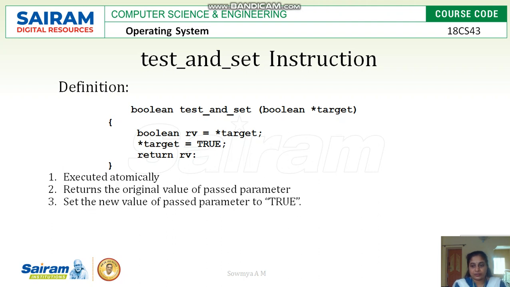This boolean function executes atomically and returns the original value of the passed parameter. The passed parameter here is the target, and the return value rv holds the same original value. It sets the new value of the passed parameter to true, so that the target is true only for that particular time, to get the test and set instruction executed.